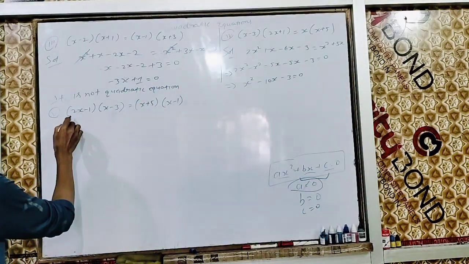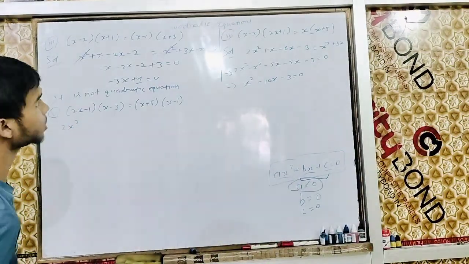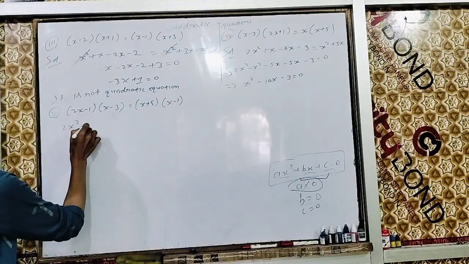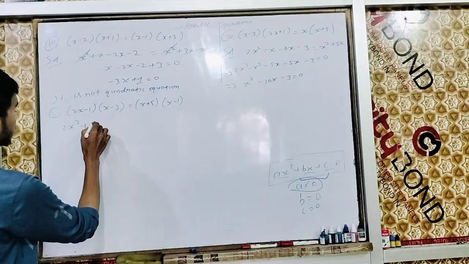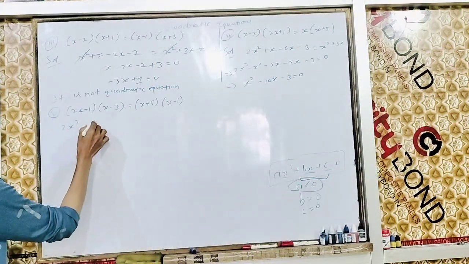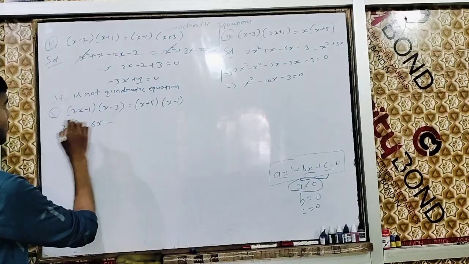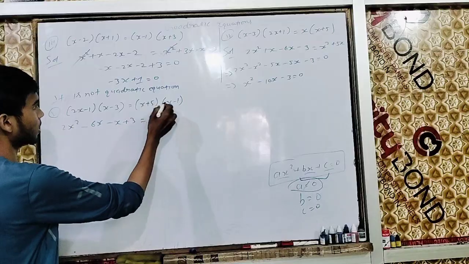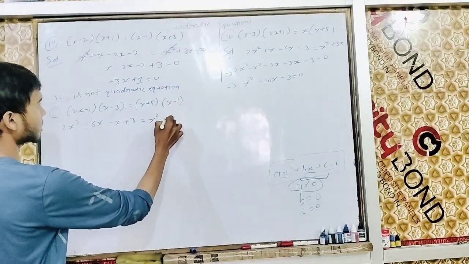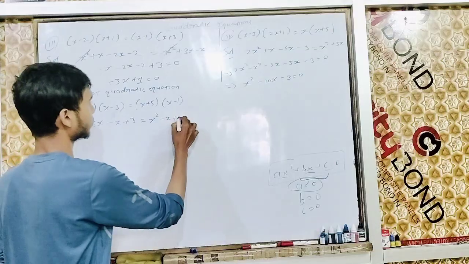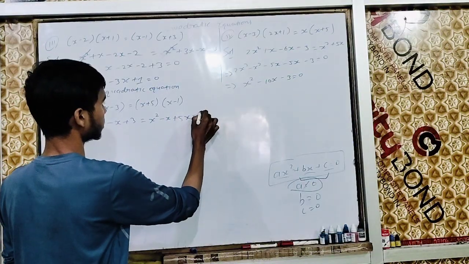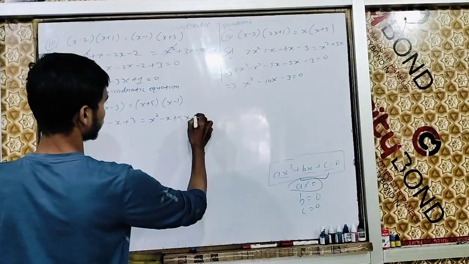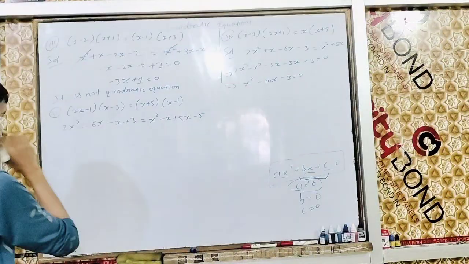Same here in this. 2x, it is giving us 2x square, then minus 6x. Here, minus x, then plus 3 ones are 3. So here you can say x square, then minus x, then plus 5x, then minus 5. Clear, minus 5. Okay, no problem.